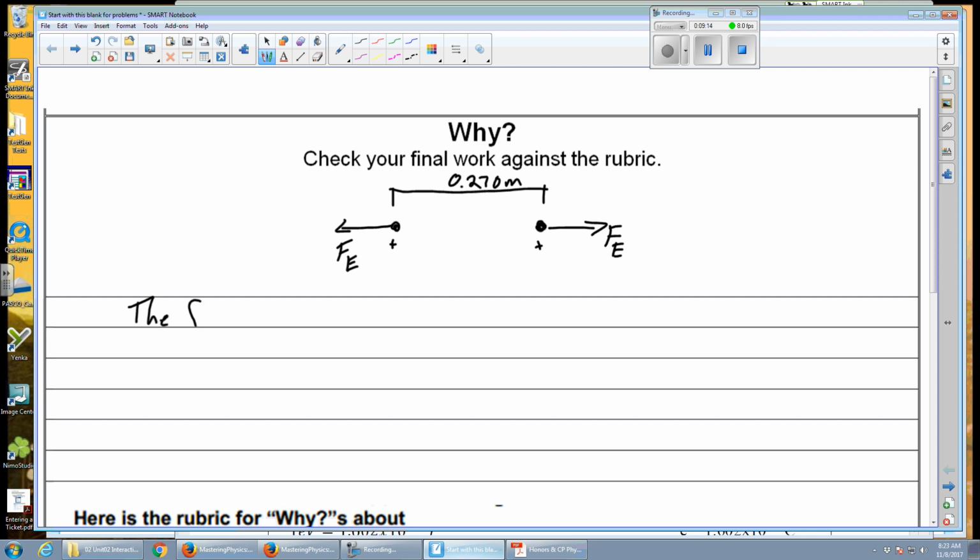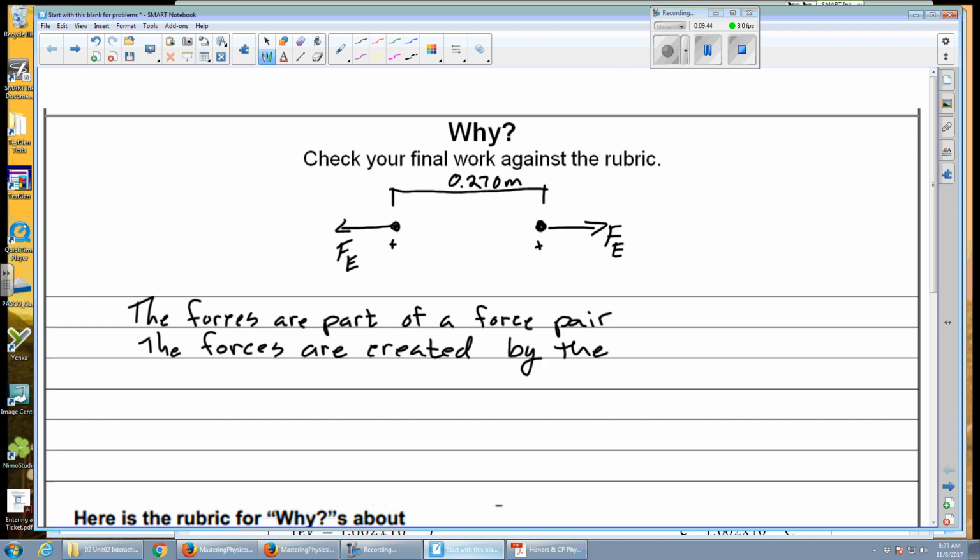I might start with: the forces are part of a force pair. The forces are created by the amount of charge.